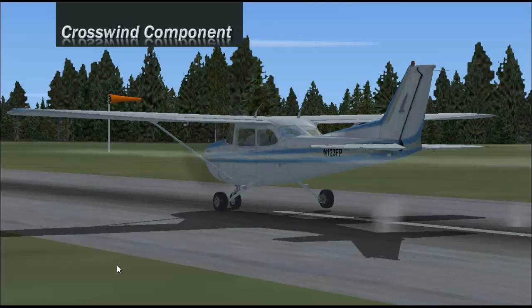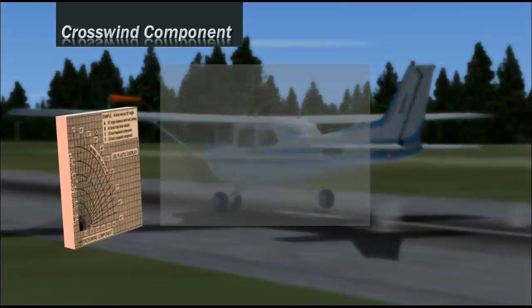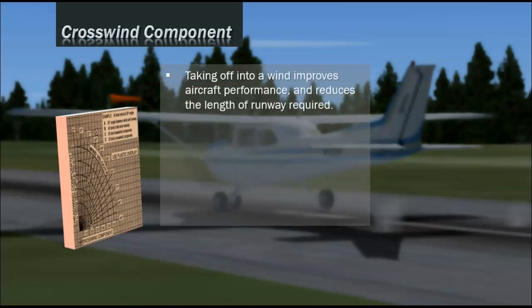Another factor that influences takeoff and landing performance is the crosswind and the headwind component. Every pilot's operating handbook has a crosswind component chart in the POH to help you determine what the crosswind and the headwind are before going out to take off.